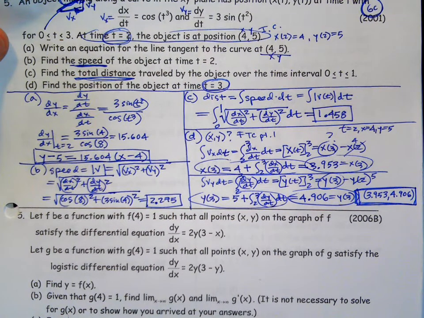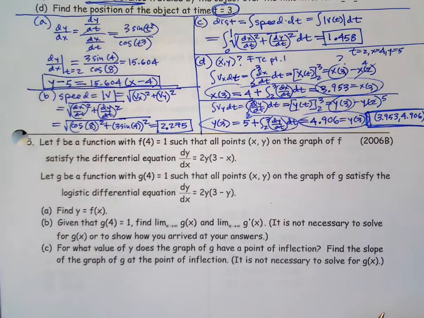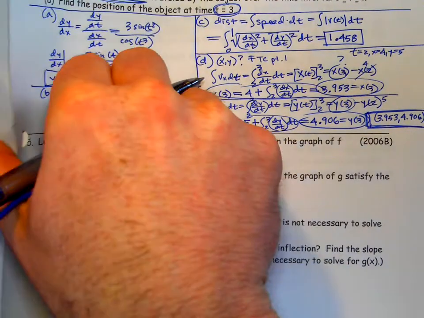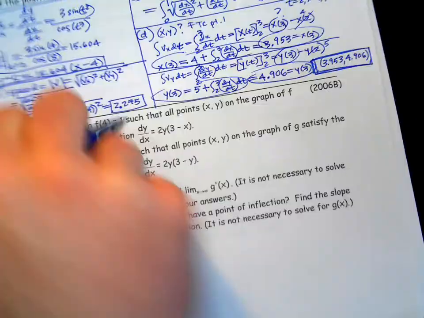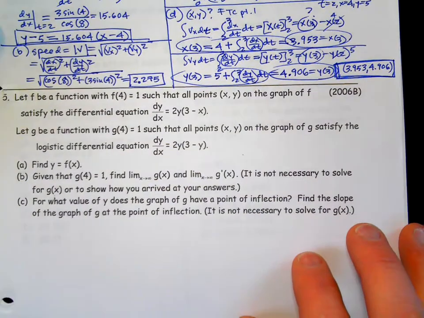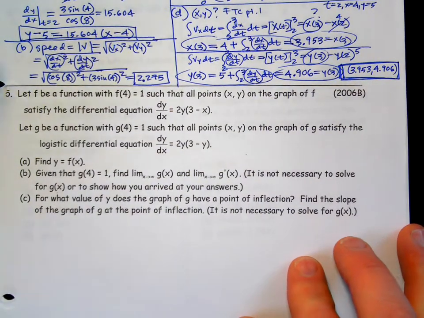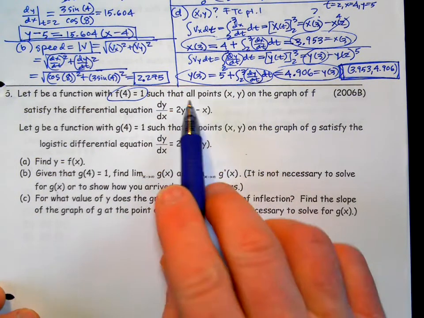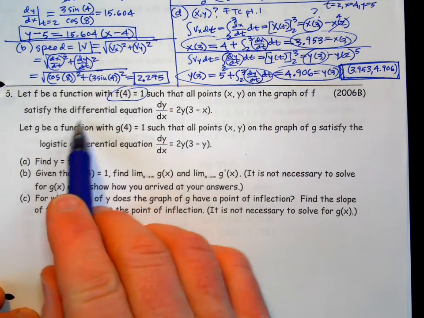The next one says, let f be a function, f4 equals 1. So it sounds like some initial condition such that all the points x, y of the graph satisfy the differential equation.